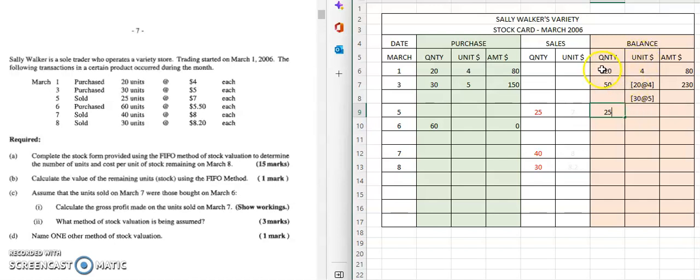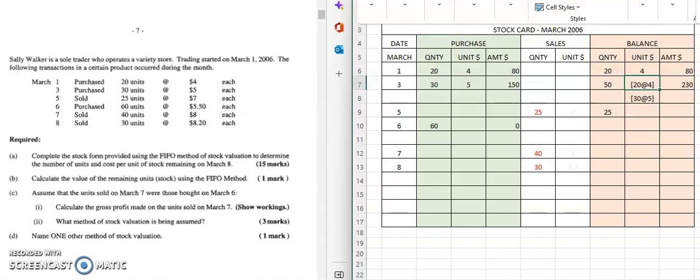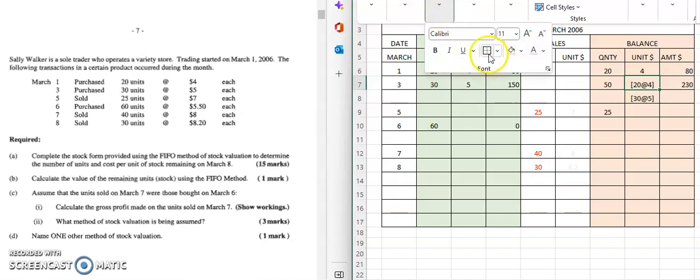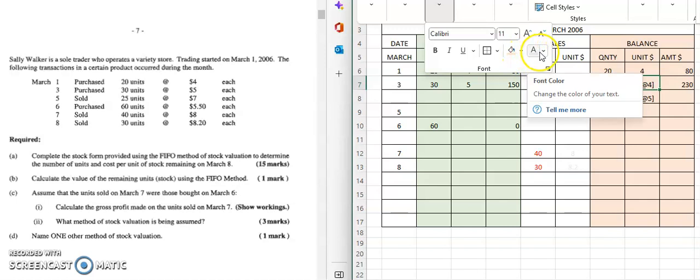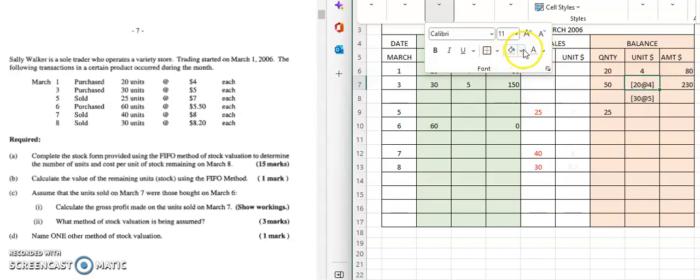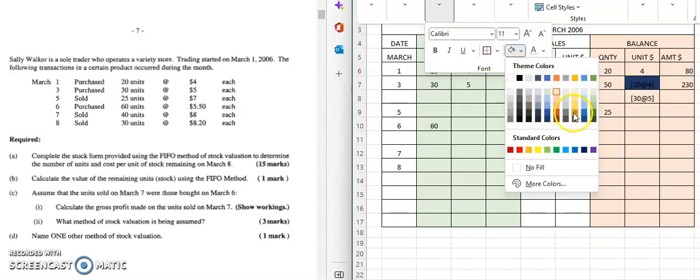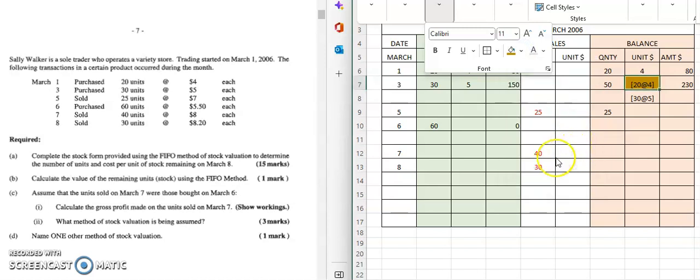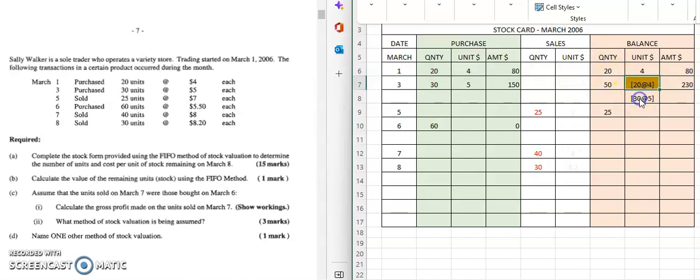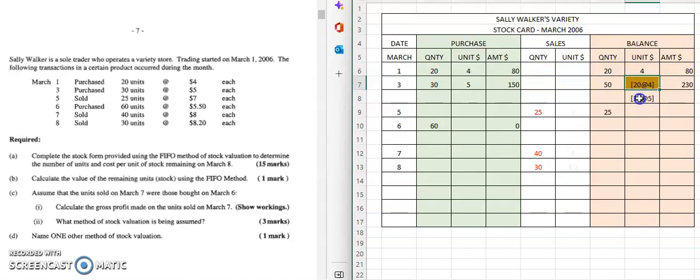So she bought 20 units first, right? She bought 20 units first, and she's going to sell those 20 units first. So let's eliminate those 20. So she sells that 20. And then now she's going to sell 5 out of this 30.